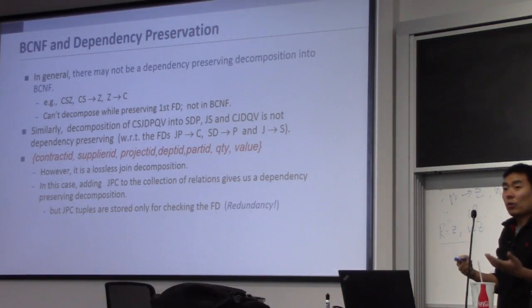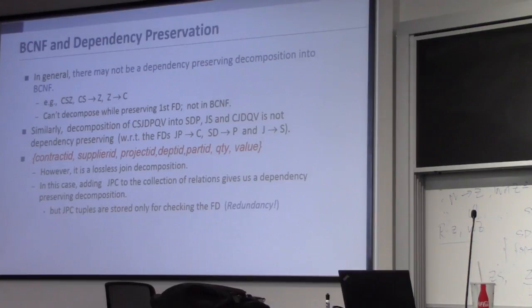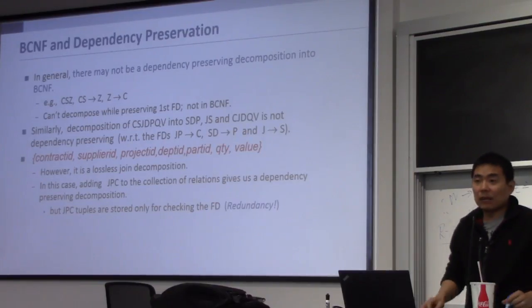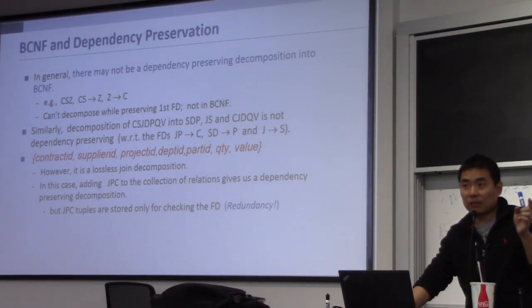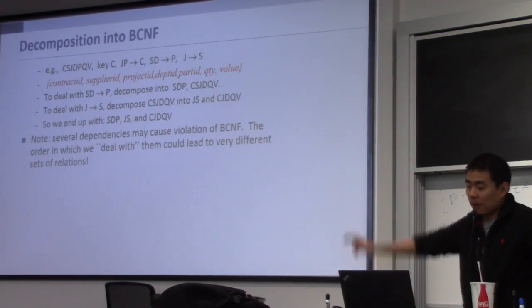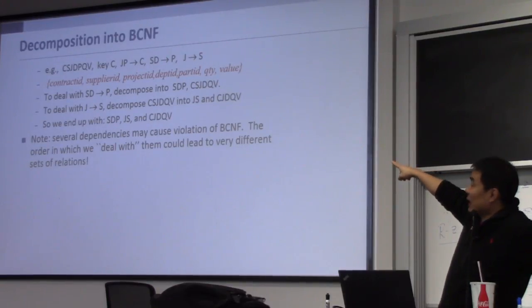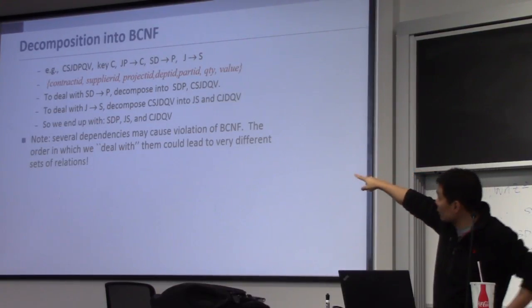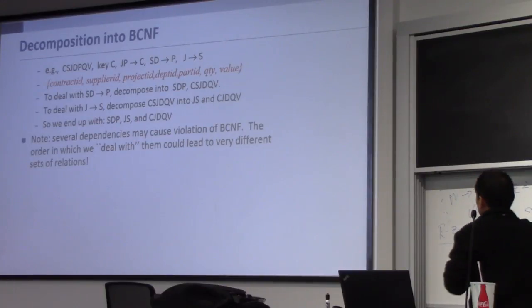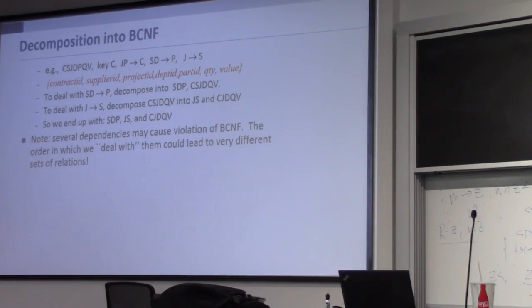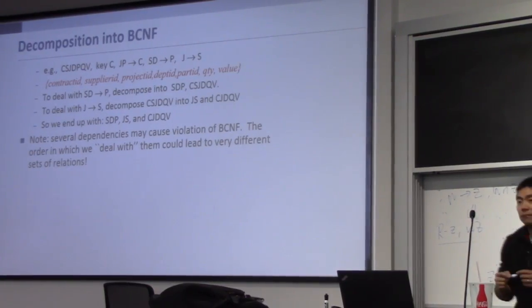So you may argue, what if an easy fix to this is to just add an additional schema to enforce that dependency that's lost, which is in this case, JP determines C. In addition to those three schemas, let me add another schema, which is simply JPC.